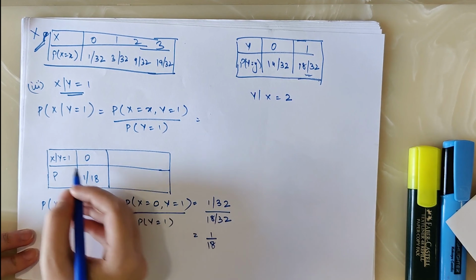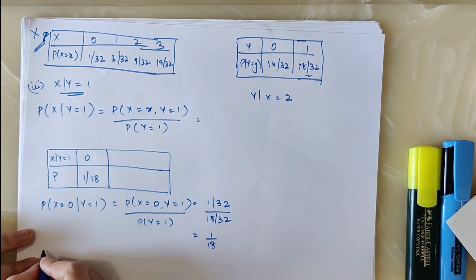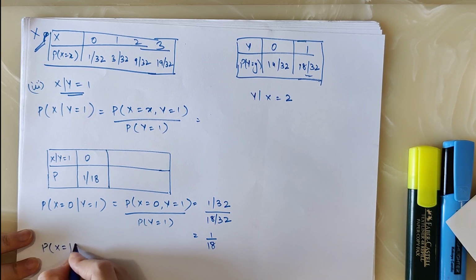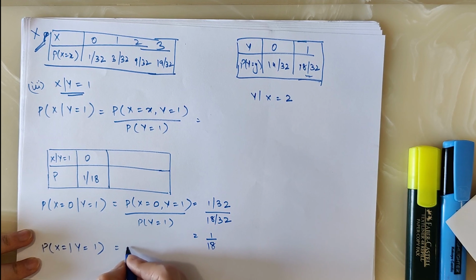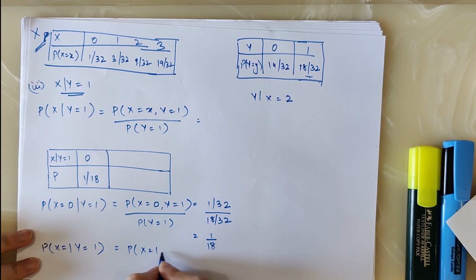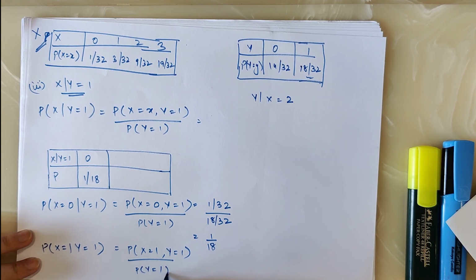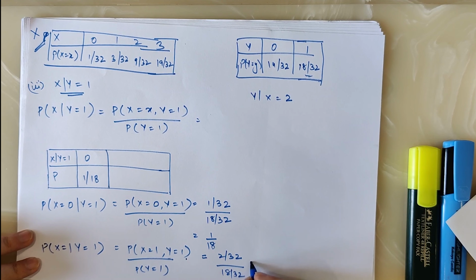So probability x given y is equal to 1 for x is equal to 0 is 1 by 18. Now for x is equal to 1, we have probability x is equal to 1 given y is equal to 1 is equal to probability x is equal to 1, comma y is equal to 1 upon probability y is equal to 1. This particular probability is 2 by 32 upon 18 by 32, which is 2 by 18.